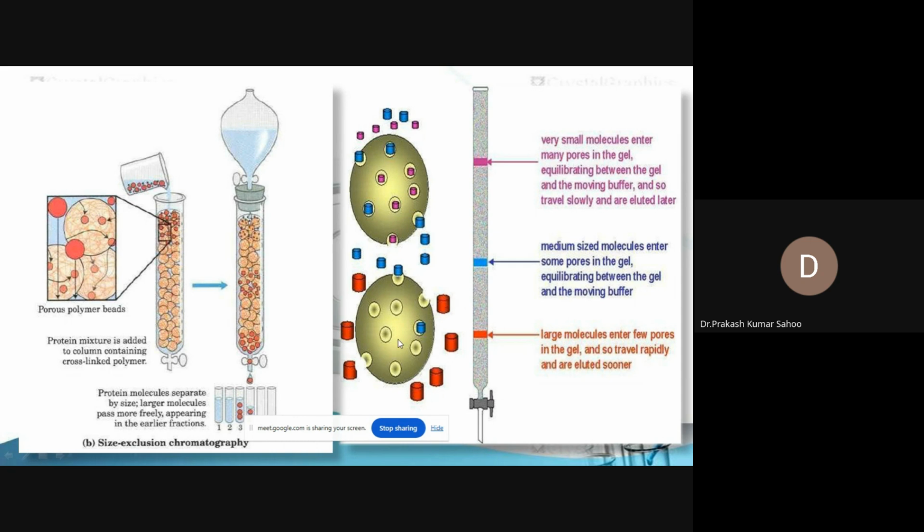So the red ones are large molecules and these are separated first. Then the blue ones are the medium size molecules, which are separated after the red, and the purple ones are very small. These can be held tightly within the pores of the bead, and they are eluted or filtered at the end.